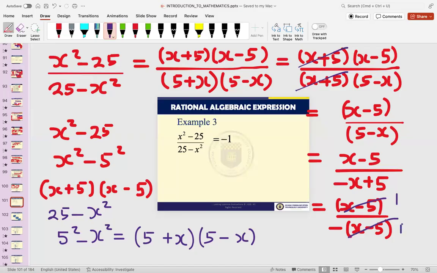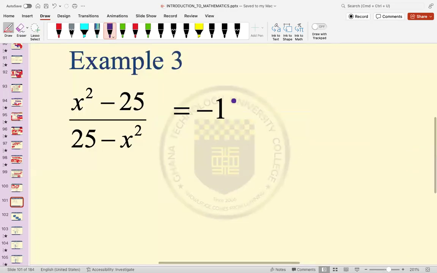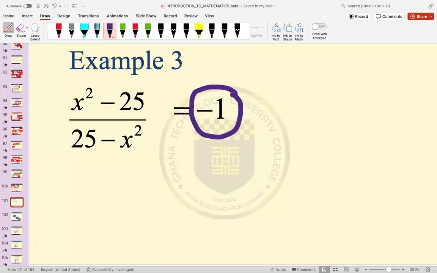So finally, I have 1 at the top and negative 1 down. When you divide 1 by negative 1, your final answer will be negative 1. And that's the answer you are seeing here. This is the reason why the answer is negative 1.